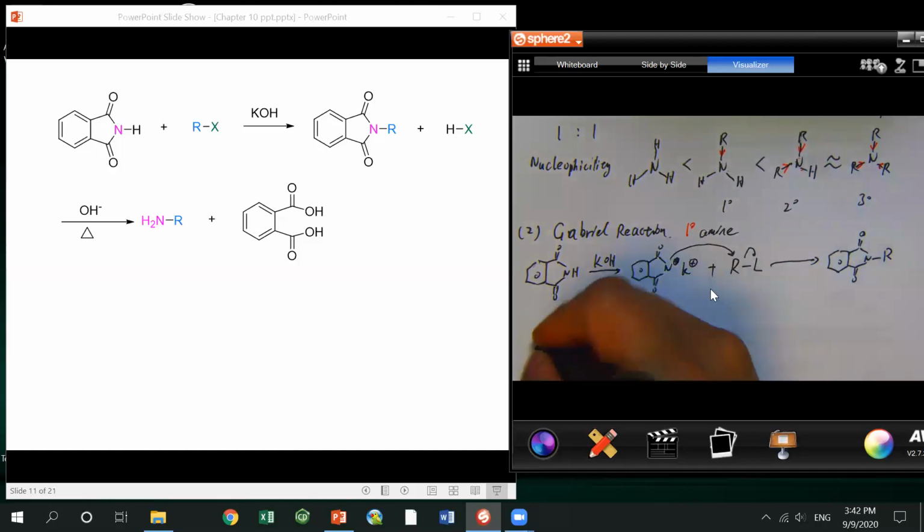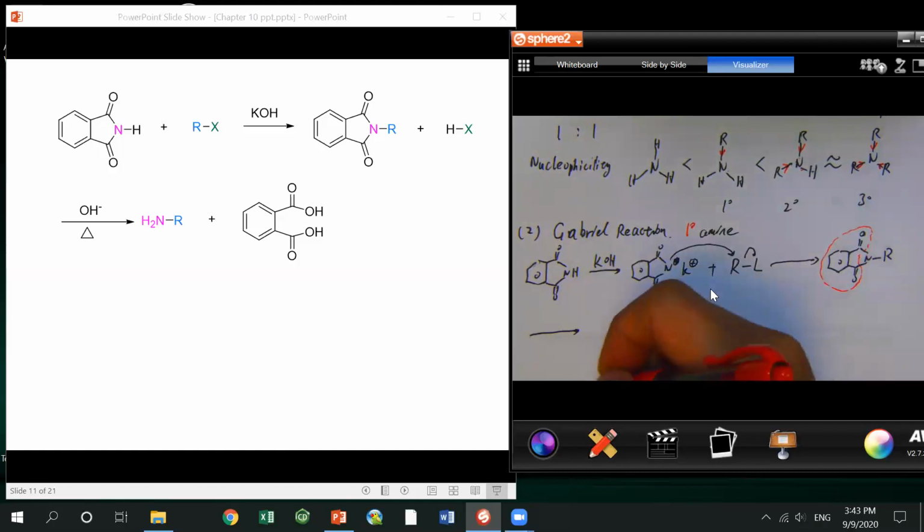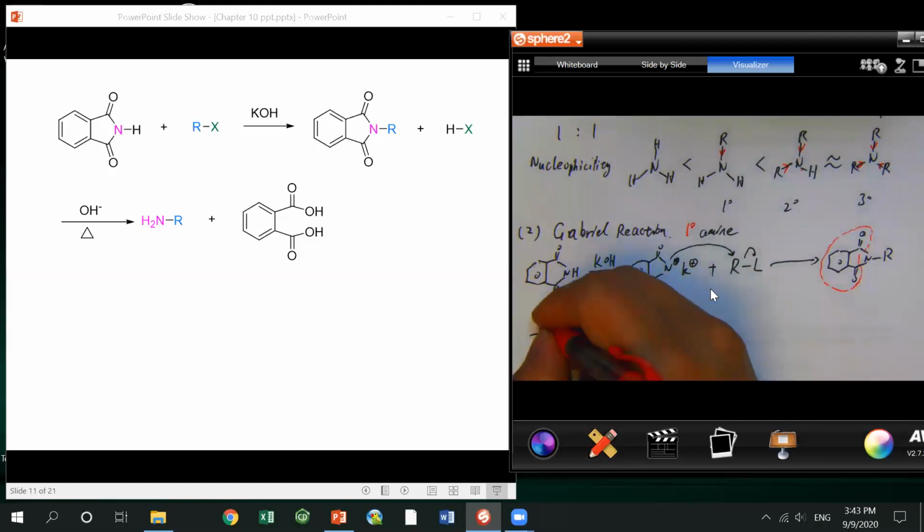So you need to do what we call deprotection. We need to remove this part. This part is like a protecting group, protecting the amine so it won't react further. For deprotection, there are two ways. Normally you can use potassium hydroxide under heat, or you can use NH2NH2, that's hydrazine.